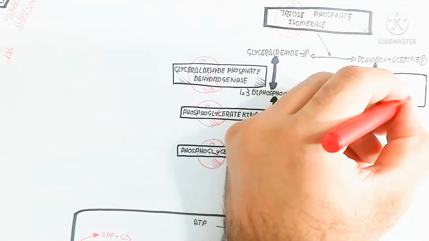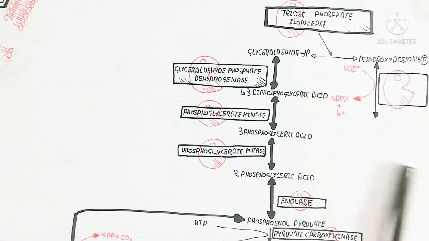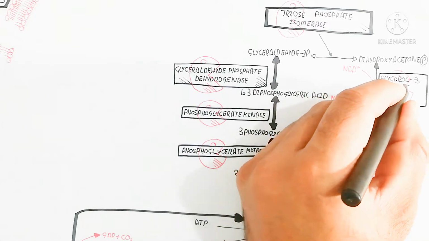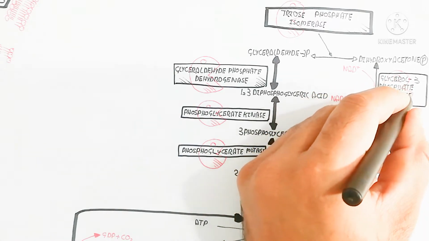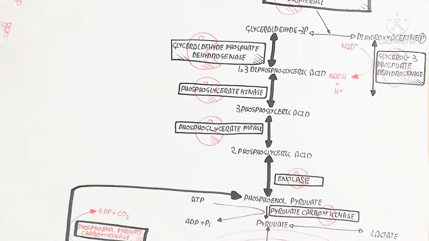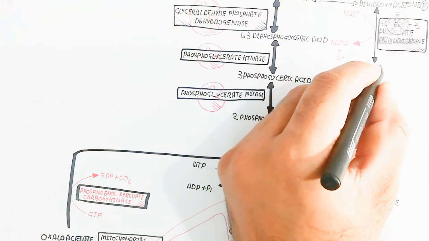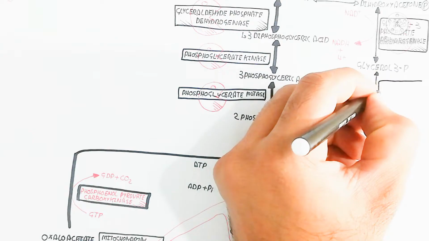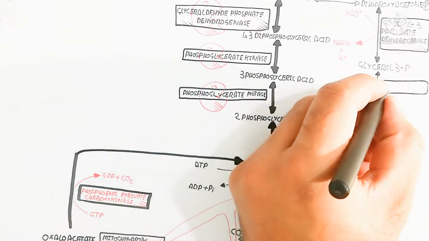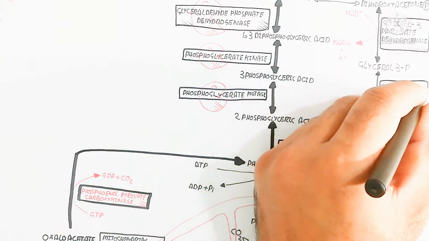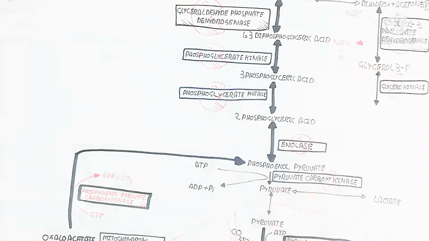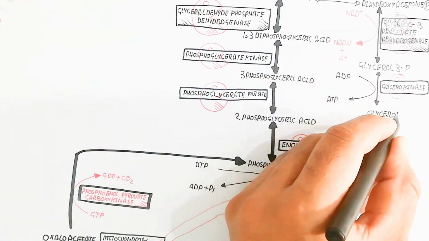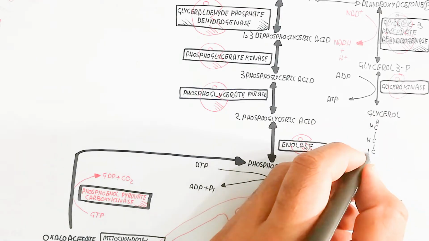So in this way, the glycerol 3-phosphate dehydrogenase enzyme is used to produce the glycerol 3-phosphate, and NAD plus will convert into the NADH. So the glycerol 3-phosphate will be again converted, using ADP to convert into the ATP. So it is the energy producing step, in which the glycerokinase enzyme is used to produce the glycerol.